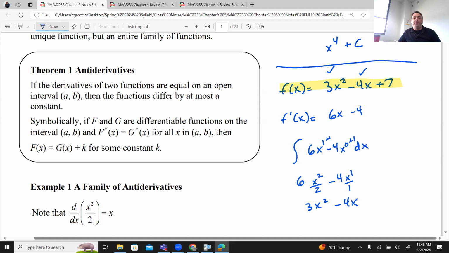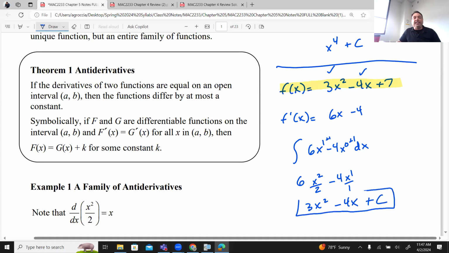Here's where the problem is. What's the derivative of 7? What's the derivative of 10? 0. What's the derivative of 100? 0. What's the derivative of negative a million? 0. They're all zeros. So how am I supposed to know what that number is if the derivative of any number is 0? I don't. That's why we always put a plus c.